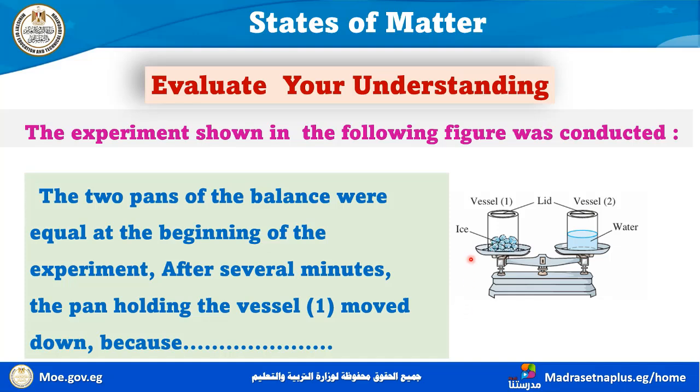This means that the mass in vessel 1 that contains ice increases. Why does the mass in vessel 1 increase? Can you explain why the mass of vessel 1 increases? Let's see together the rest of our question.